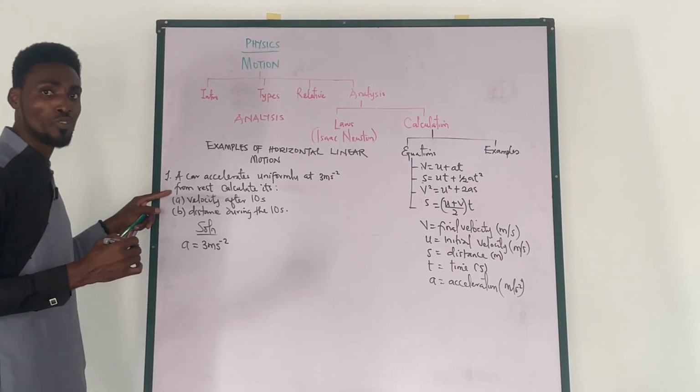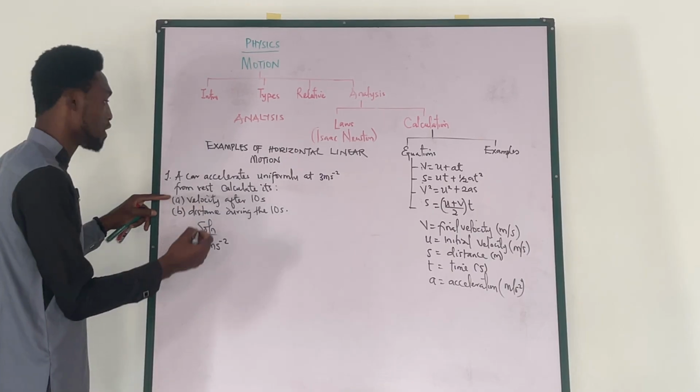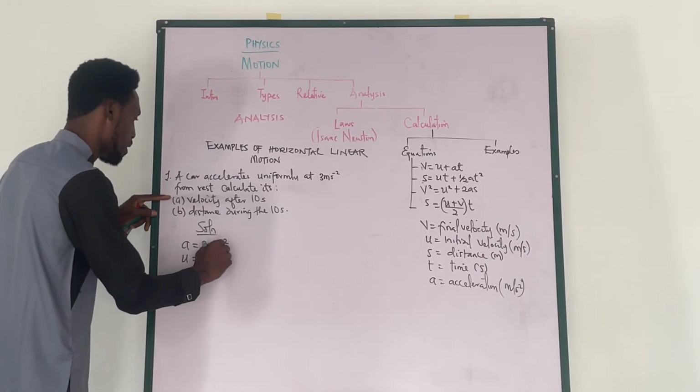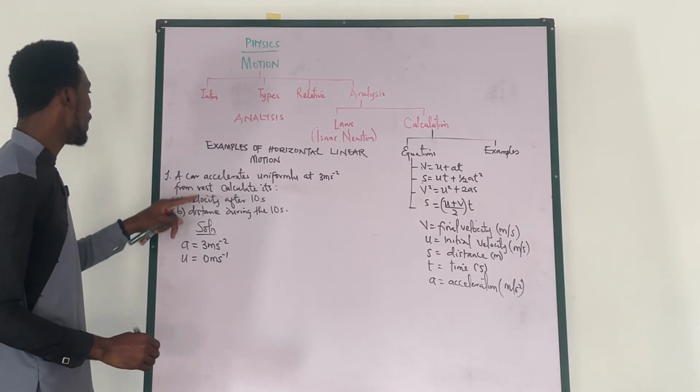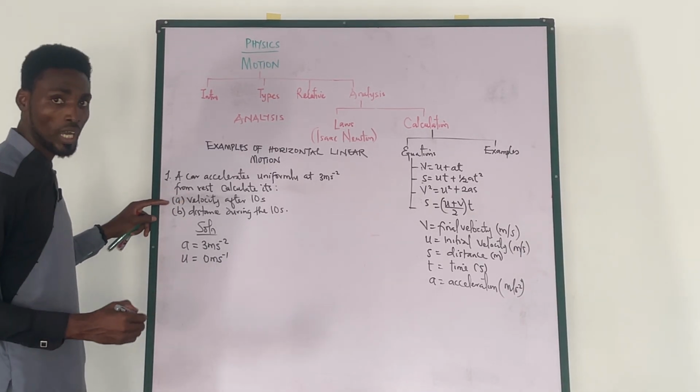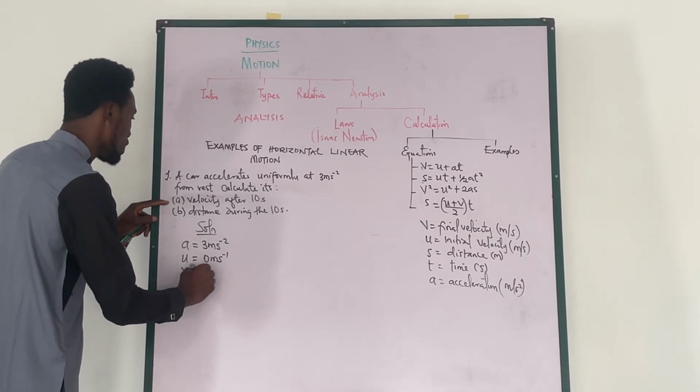From rest means that the body was not moving at all. So that means the initial velocity is 0 meters per second. Then it says calculate its velocity after 10 seconds. So V is unknown, that's what you are looking for, but you are given time to be 10 seconds.